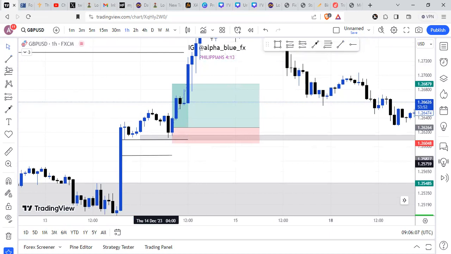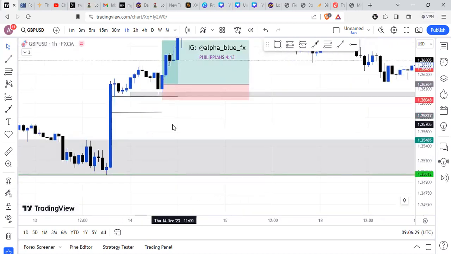So you just look for the wick that is more discounted, right? In this case, there's no other wick for me to show you around here, but just imagine that we had another candle that gives a wick like this. You will look for the one that is more discounted.